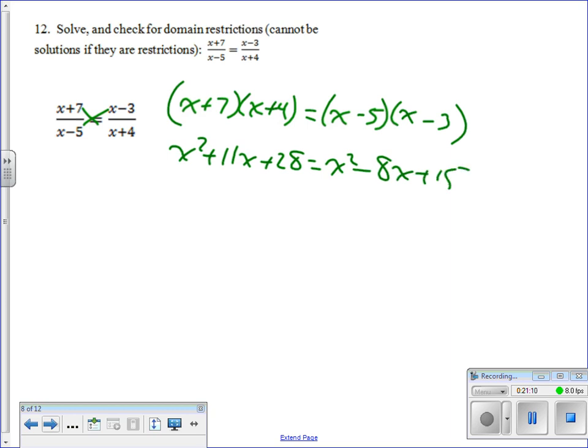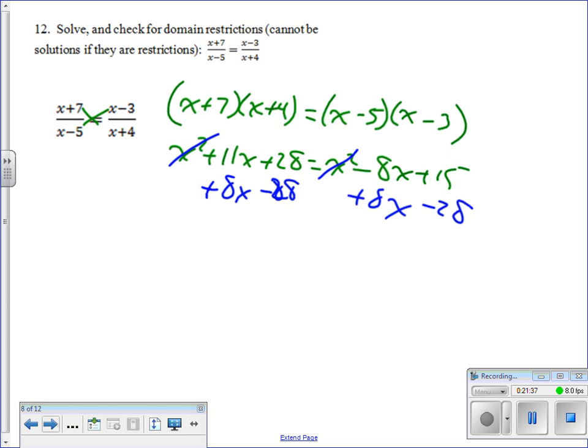And looky, I have an x squared on each side. They just cancel each other out. Because it's just 1x squared on each side. It's not like x squared and 3x squared, right? All your x's on one side, all your numbers on the other. Add 8x, because I always like positives. Minus 28, minus 28.